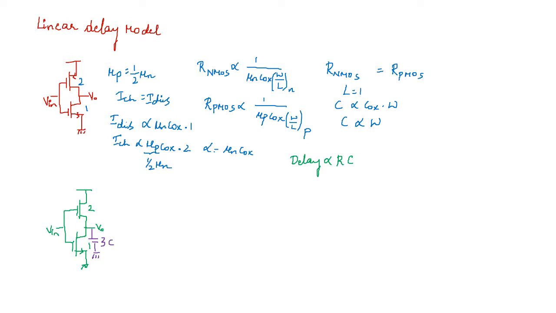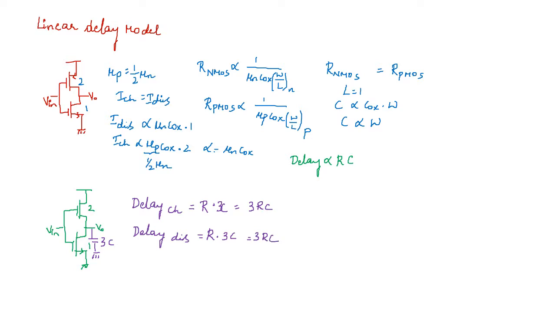So now the charging delay will be, in terms of the RC constant, due to the PMOS, which offers a resistance of R, and the effective capacitance here is 3C. So 3RC is the charging delay, and the discharge delay, that is through the NMOS, is again equal to R, the resistance offered by the NMOS, into the output capacitance, that is 3C, which is again equal to 3RC.